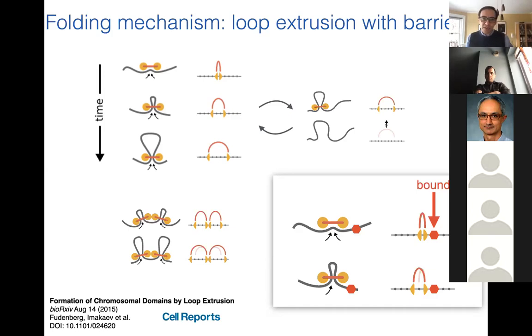So as theoreticians, we can just think of possible mechanisms and see what's possible out there, and then rule out lots of things. So we were looking for a mechanism to explain formation of TADs and all these associated features, dots and stripes. And we realized that lots of mechanisms that people have proposed in the literature would not work.